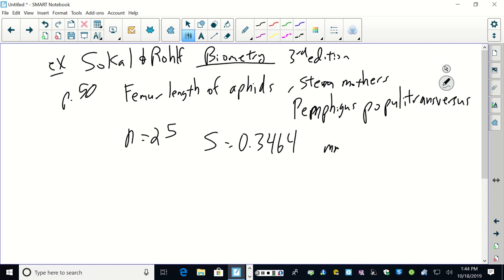This is in tenths of millimeters. So these things are pretty small, and it's making pretty precise measurements of these little tiny measurements. And say we want a 95% confidence interval for the standard deviation of femur lengths in this population.